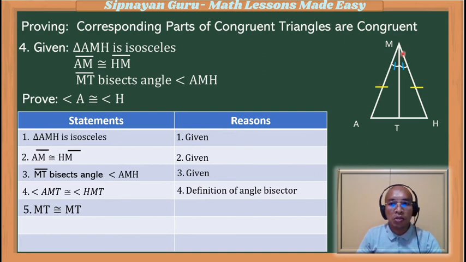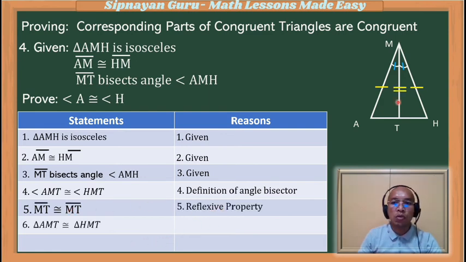Fifth statement, this segment MT is the common side of these two triangles, so by reflexive property, these two segments are congruent. We can now conclude that these two triangles are congruent by virtue of the side-angle-side postulate. So therefore, we can conclude that angle A is congruent to angle H by the CPCTC theorem.